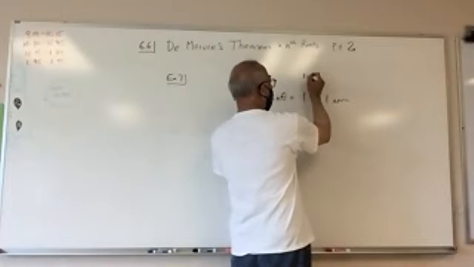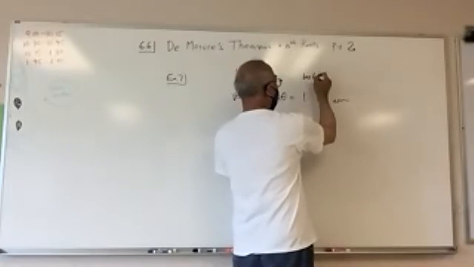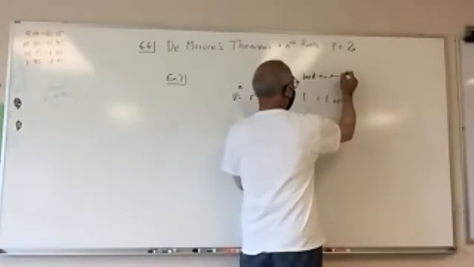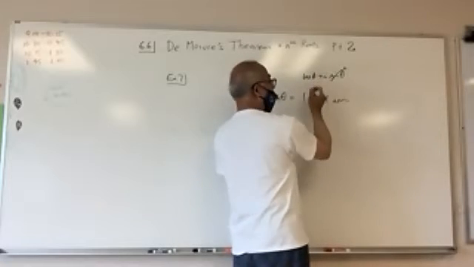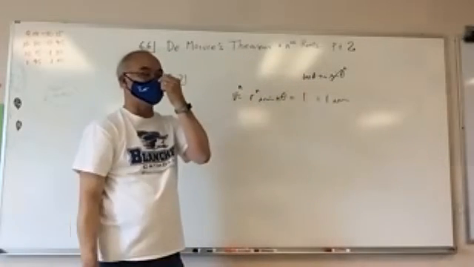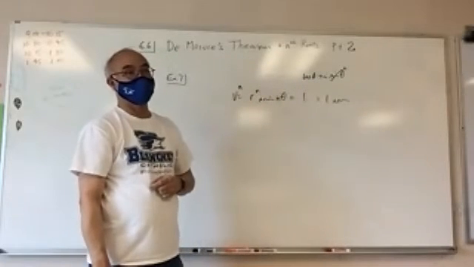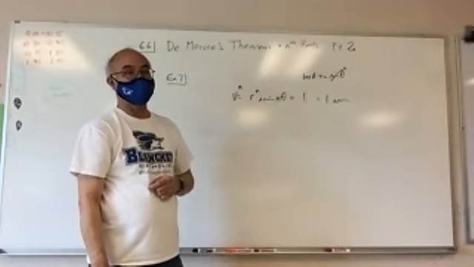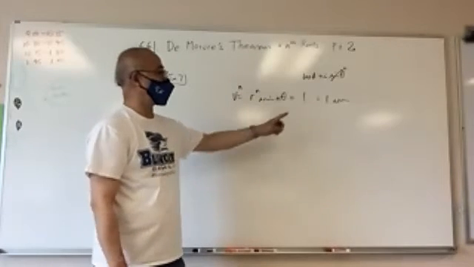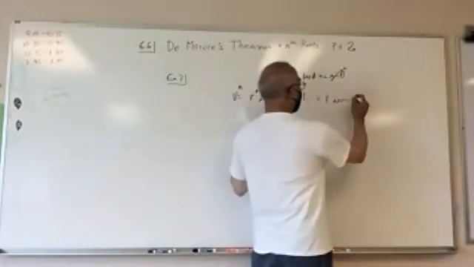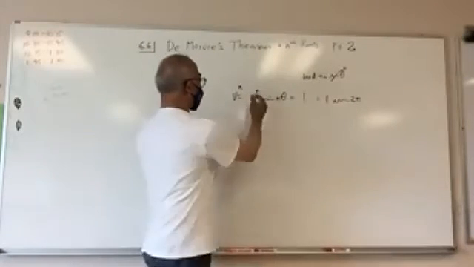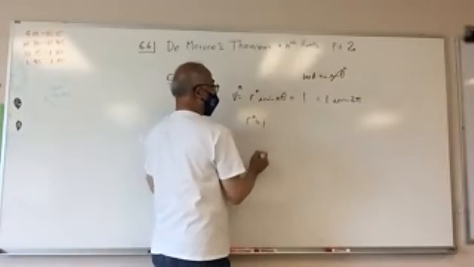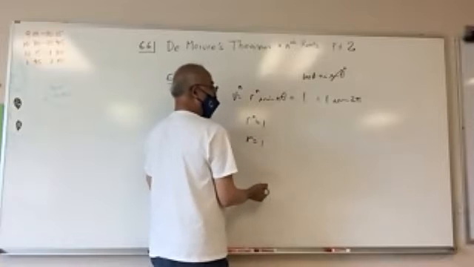Because this here is cosine theta plus i sine theta, where this is equal to 0, and this is equal to 1, which means that theta is going to be equal to what? 2 pi, right? Cosine 2 pi is equal to 1. So this is going to be 2 pi. So I know that r to the nth is equal to 1, which means that r is equal to 1.